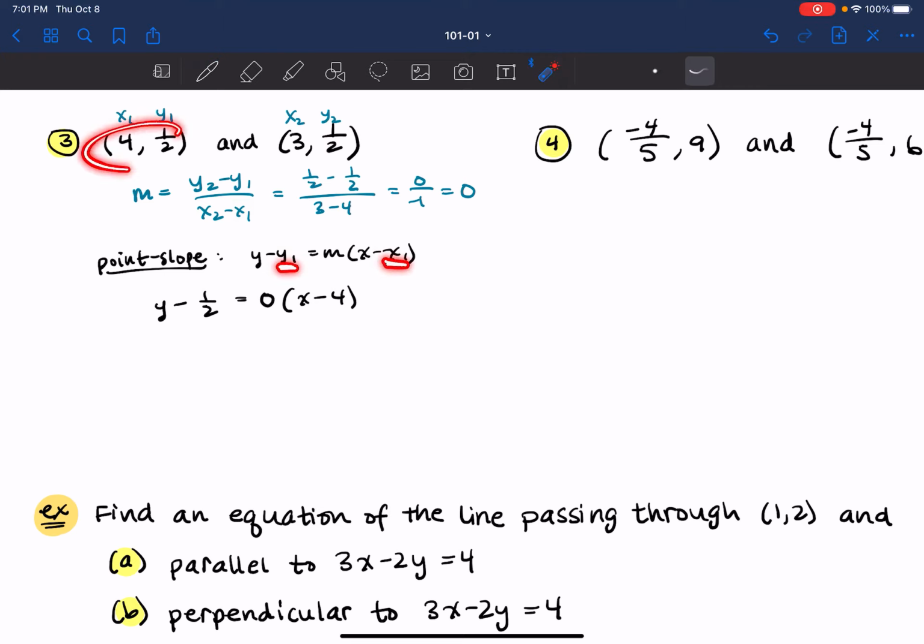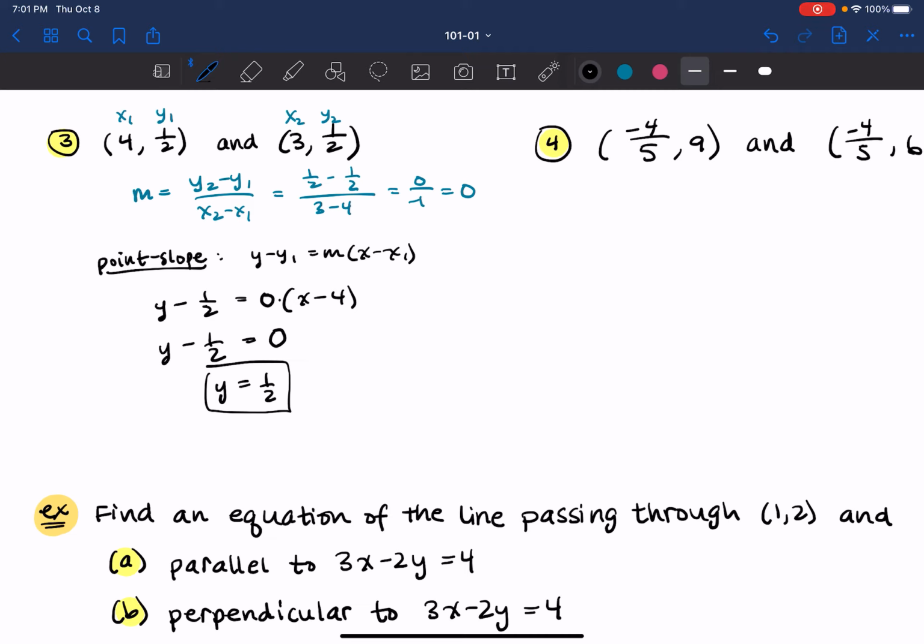I'll just use this point here. So this is y1, this is x1. Okay, so I mean, we could distribute the 0, but really 0 times anything is 0, so we just have a big fat 0 on the right-hand side. We want to solve for y, so we'll add 1/2 over, and so there we go.